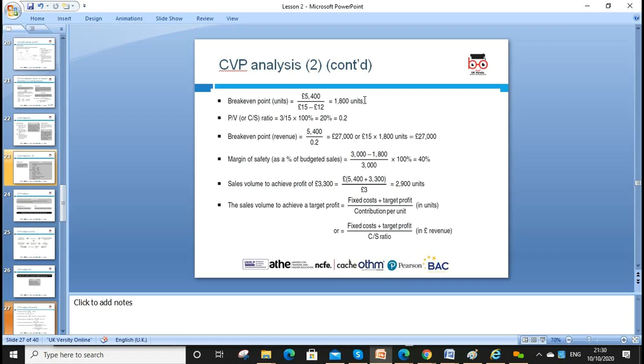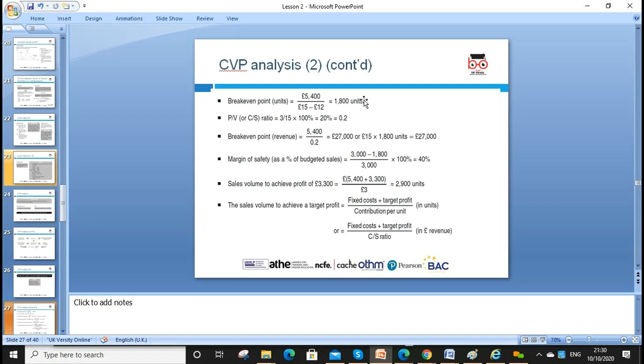So what is the contribution ratio? 3 is the contribution, 15 was the selling price, times 100. So there is a 20% contribution to sales ratio. So break even is 5400 divided by 0.2. So if we have sales of 27,000, that will be the break even in revenue, or the break even in units times the selling price gives the revenue at the break even.